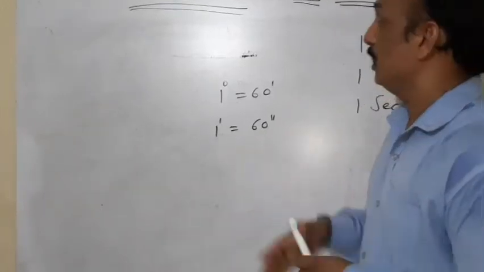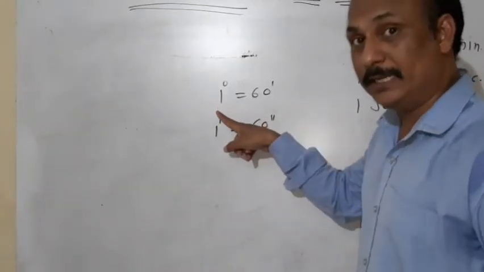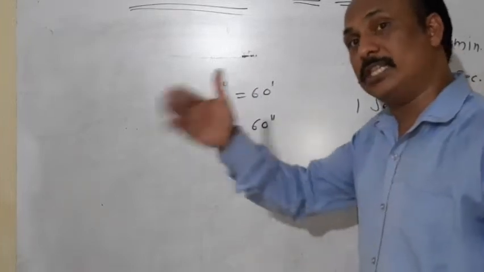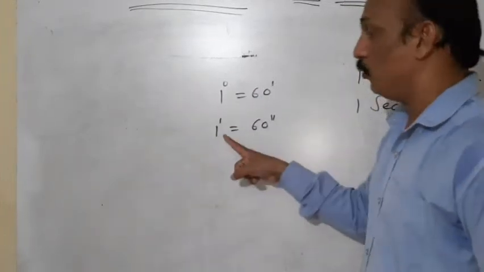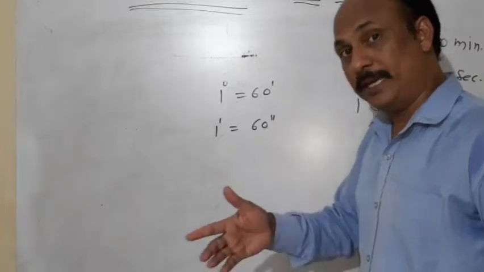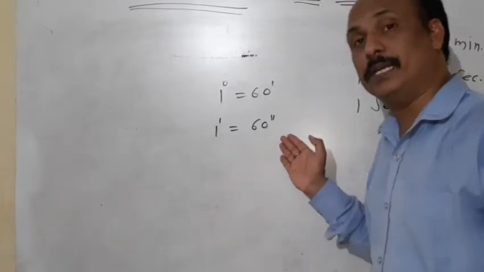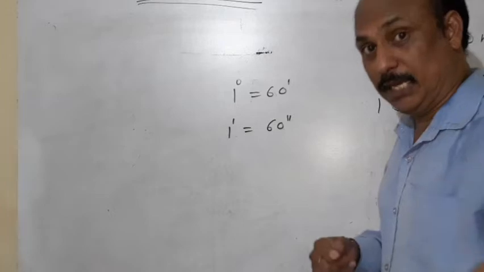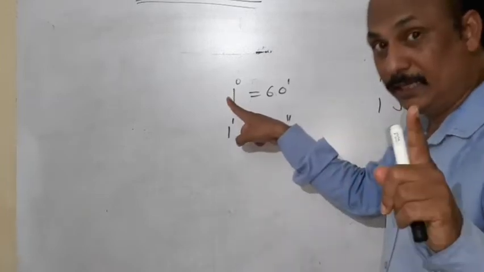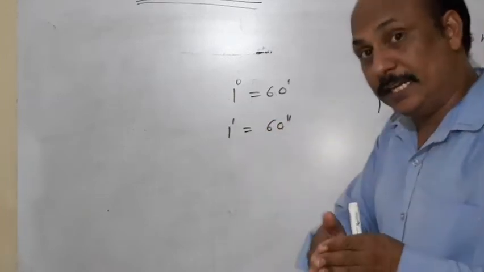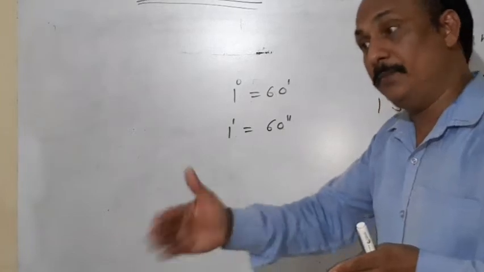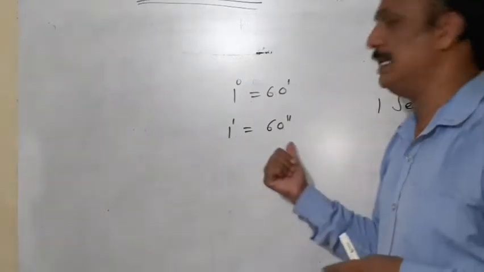It means we can break 1 degree into equal 60 parts and 1 minute also into equal 60 parts. So I want to tell you that 1 degree is broken into minutes and minutes are broken into seconds.